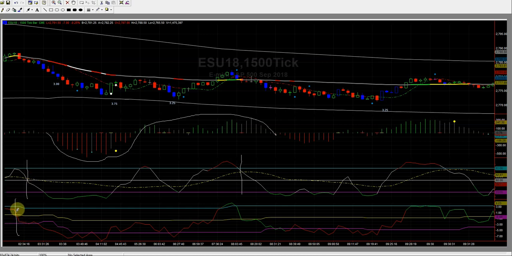So here is the cycle going down. It goes below the upper bound, and it comes down, and then there's a short period here where it went up above the upper bound and came right back down and crossed back down through.